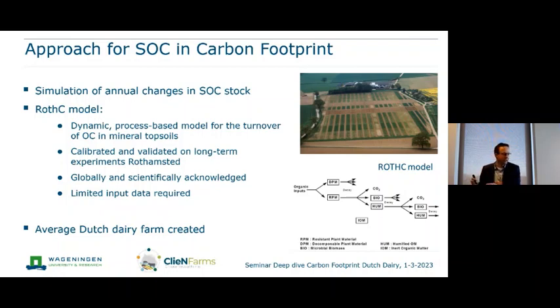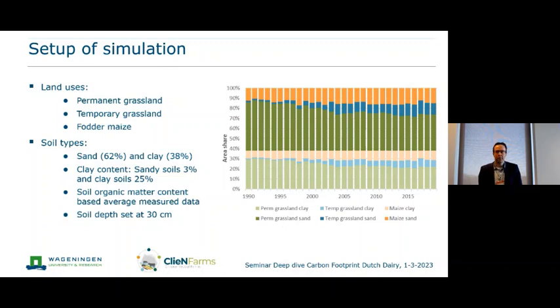So it also makes it achievable to do this. What we did is use this model for a kind of imaginary average Dutch farm, for which we then simulated this whole carbon balance. So how did we set up the simulation? First, we had the land use, where we had three main classes: permanent grassland, temporary grassland, and fodder maize.